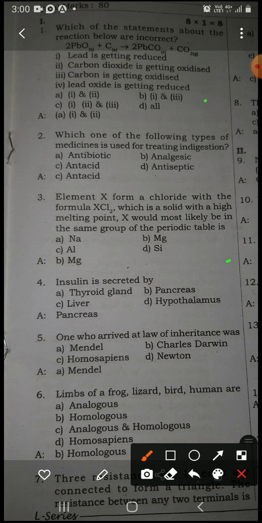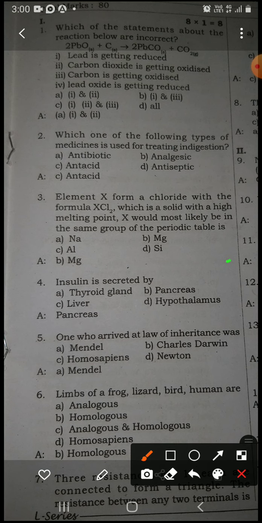And then you can see in the fourth option that lead oxide is getting reduced. Here this is the lead oxide, you know that PbO, which is getting reduced. Reduced means the oxygen is removed, and carbon is oxidized to carbon dioxide, as you can see in the first part of the product of the reaction. So the options are given.